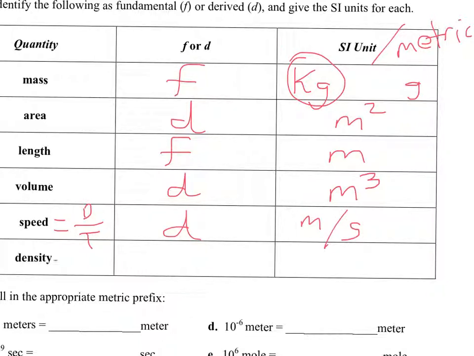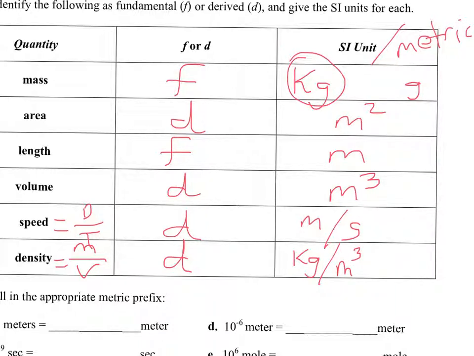The last one is density, which is mass divided by volume. Mass is fundamental, volume is derived, and obviously when we have an equation, that means it's also derived. And we use kilograms per meter cubed.